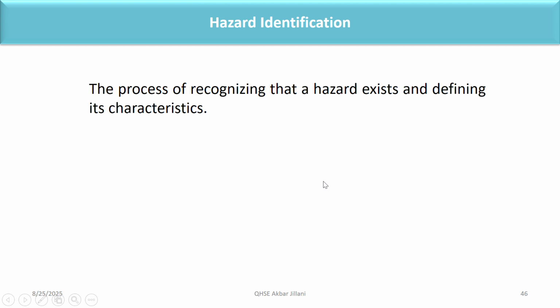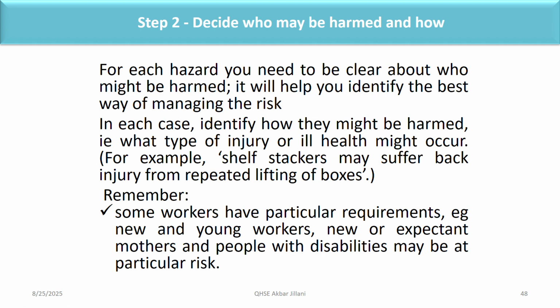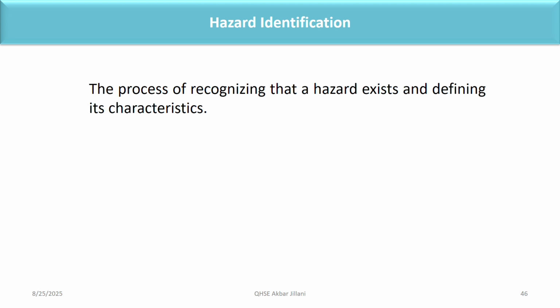We can see here the process of recognizing that a hazard exists and defining its characteristics. Examples of hazards like cuts, benzene leukemia, asbestos mesothelioma, electric shock, electrocution, wet floor, slips, falls, welding, metal fume fever, and hard work remaining.